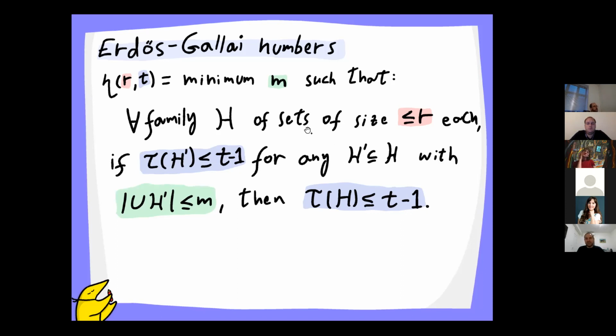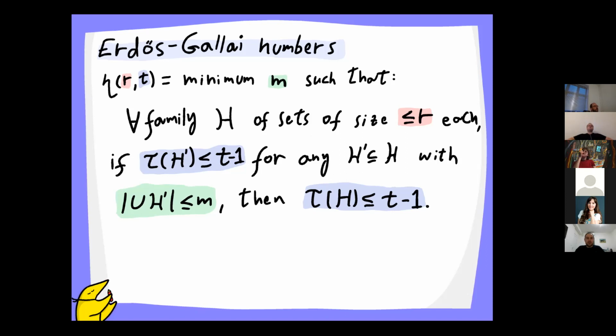Okay, so you can see this is some kind of Helly-type result. If this property holds for all subfamilies with a certain condition, then it holds for the family itself.